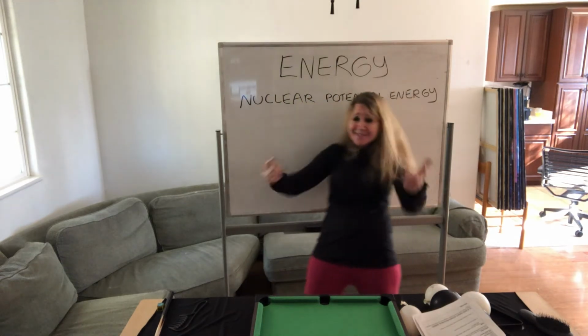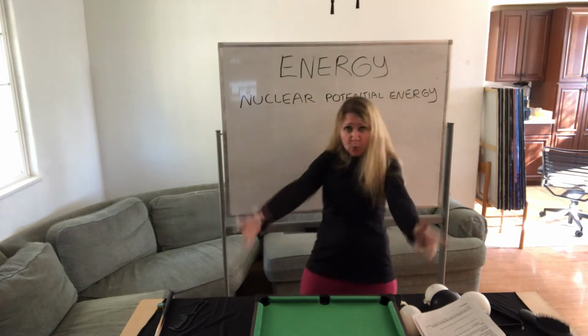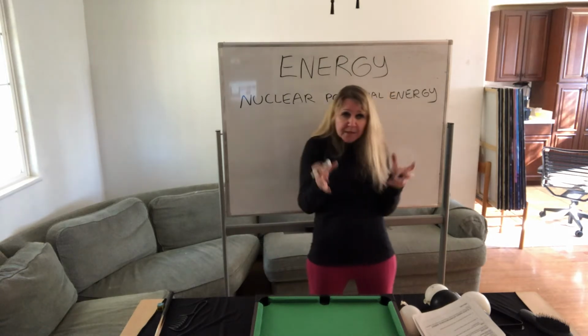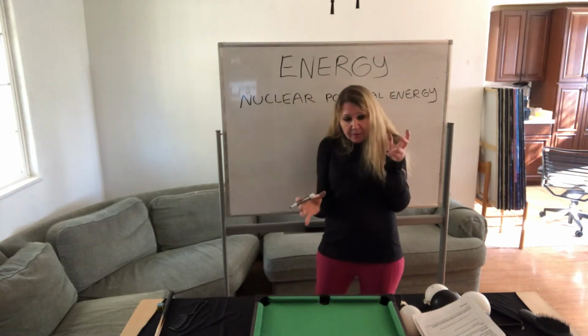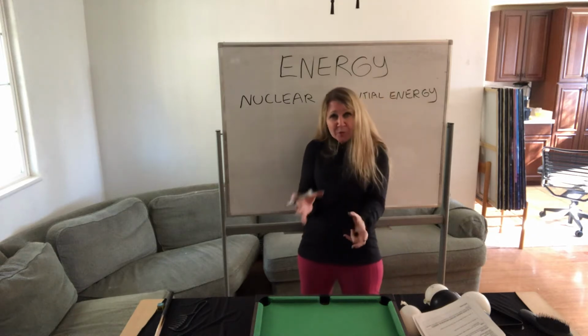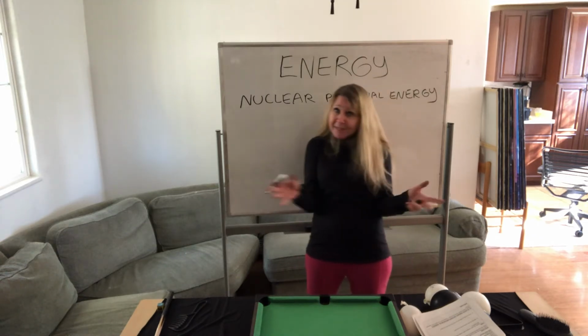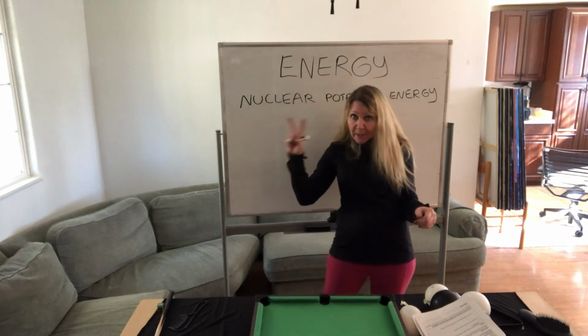Nuclear potential energy, this is energy stored in the nucleus of the atoms. So this is an energy that is between the protons and neutrons in the atoms. And this can be released in two ways.